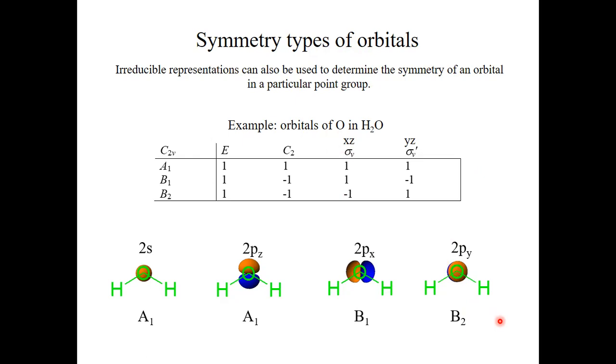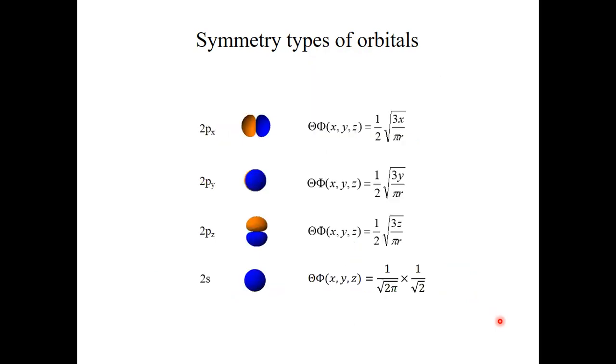So now the properties of the orbitals could have also been predicted in somewhat a different way.